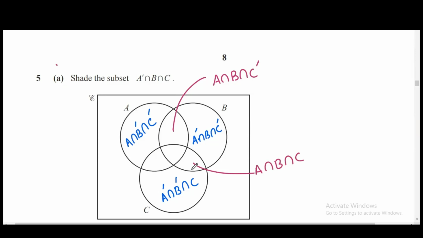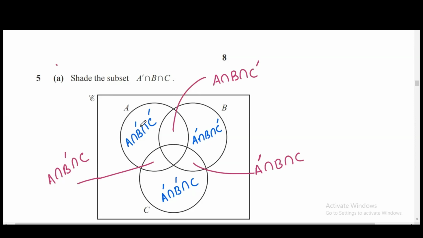This region is within B and C, but beyond the set A. A is not here. A complement means without A. This other region is beyond the set B, so this is B complement.